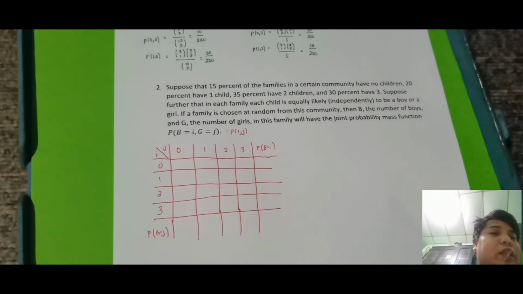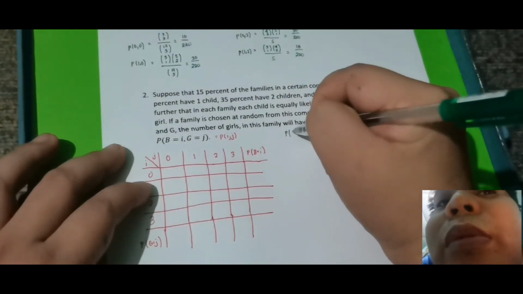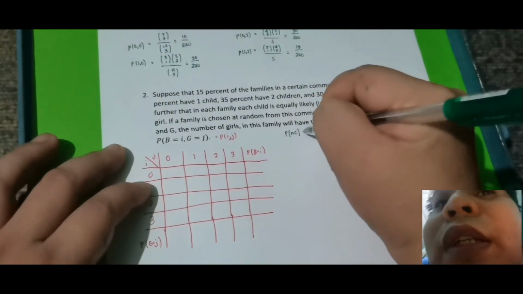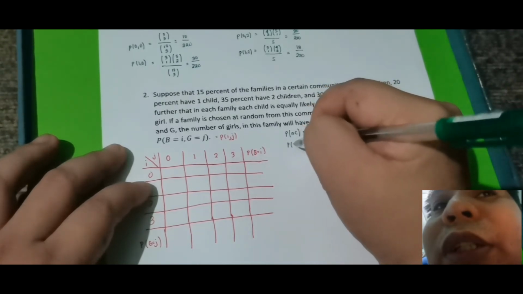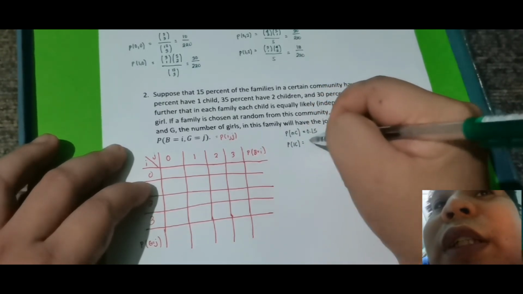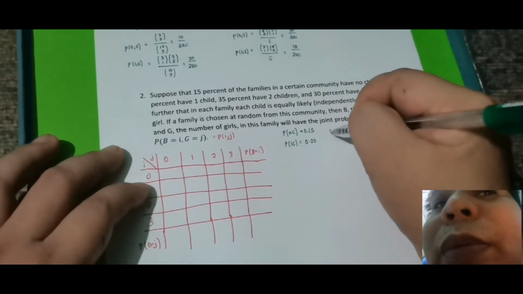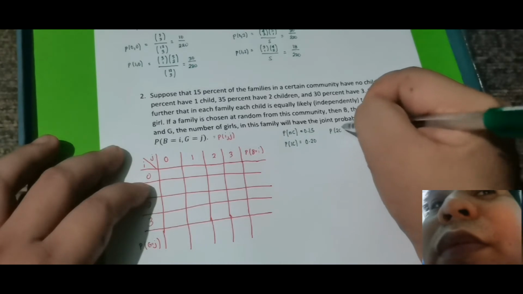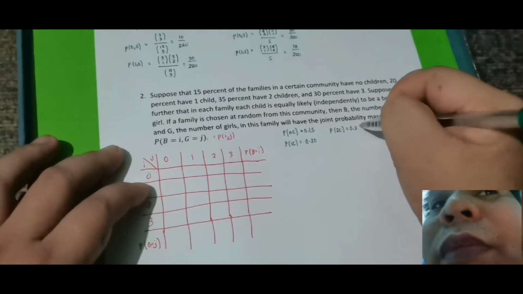So, ang probability na no child is simply 0.15. Ang probability na pag one child is 0.20. Okay, ang probability na siya ay two child, this is 0.35.